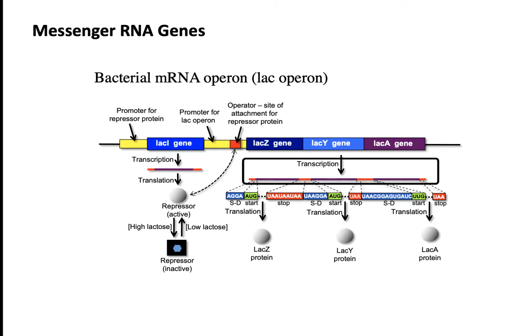So when transcription begins, it transcribes the entire region so that the mRNA has the codes to make the LacZ, the LacY, and the LacA proteins. At the beginning of the untranslated region, there's a Shine-Dalgarno sequence that attaches to the ribosomal RNA of the small subunit that loads this message into the ribosome, and then there's an AUG start site that starts translation in the ribosome.